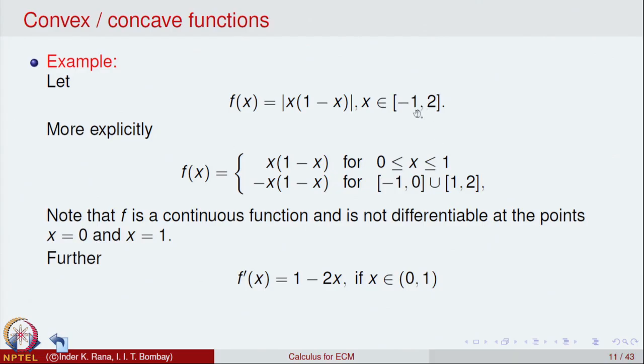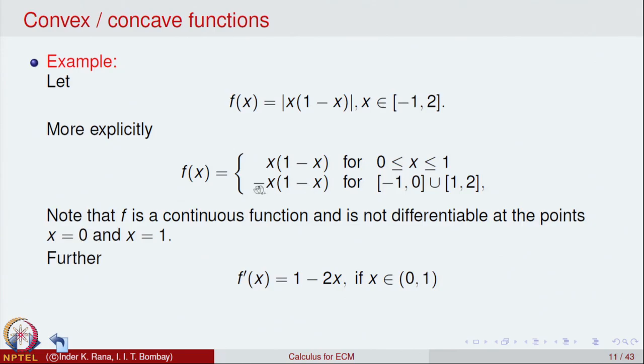If x is outside, say x is between minus 1 and 0, then x will be negative, and if x is bigger than 1 and less than 2, then again 1 minus x will be negative. So, the product is negative in both these intervals, and the value of the function would be minus x into 1 minus x.